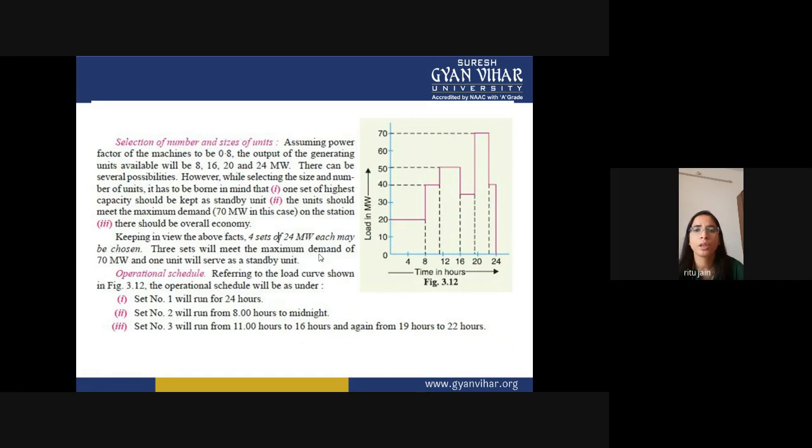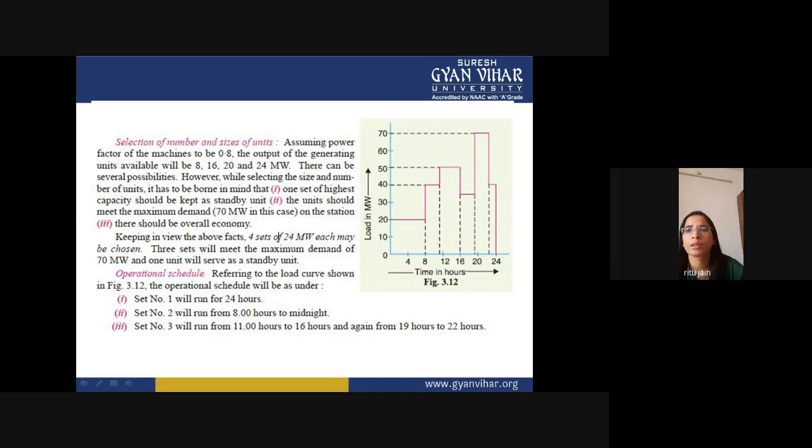So there should be overall economy when you are selecting the units for generation. So we are taking four sets of 24 megawatt each, and three sets will meet the maximum demand.